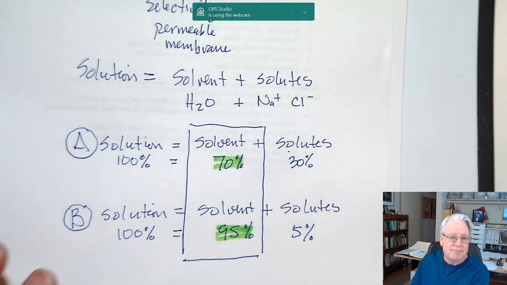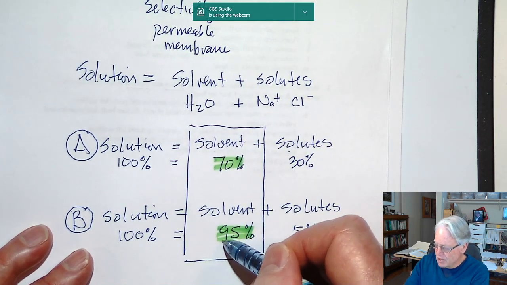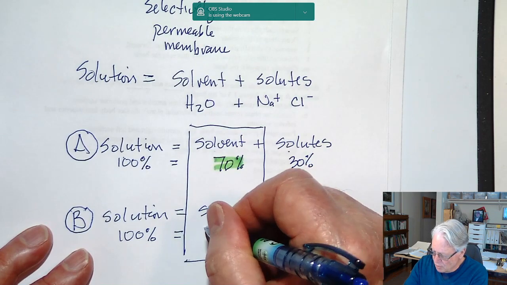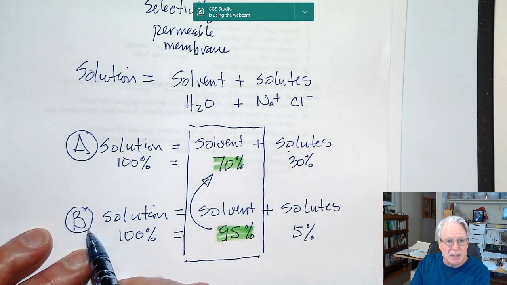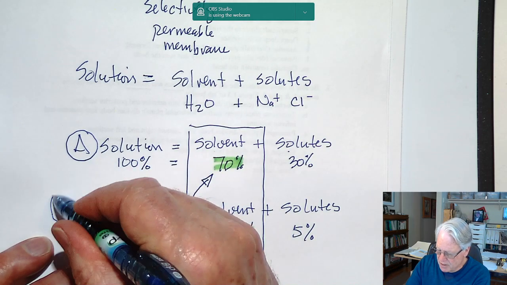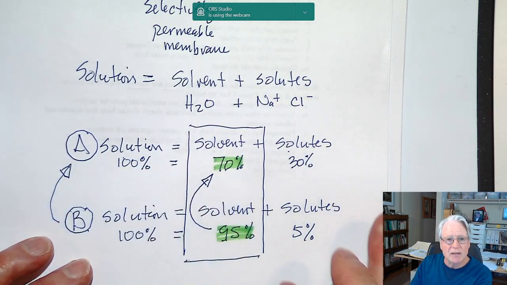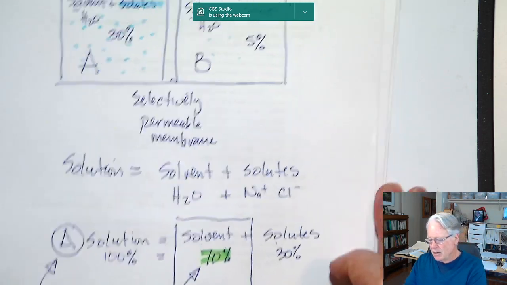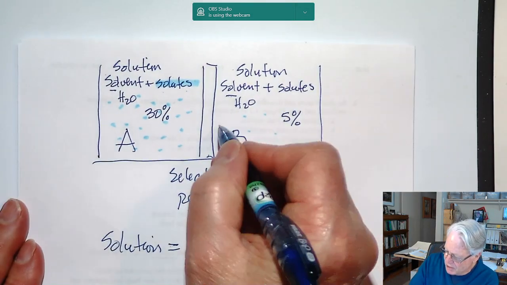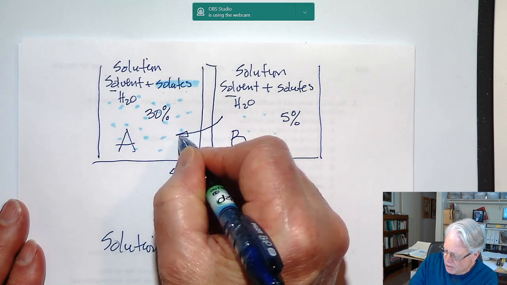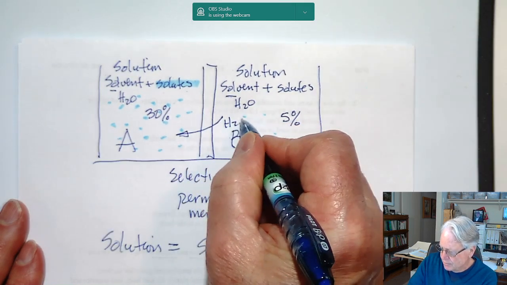Okay? So from high concentration to low concentration, water is going to move in that direction. From B to A. So coming back, then we can predict, based on what we know about osmosis, that water is going to move in this direction.